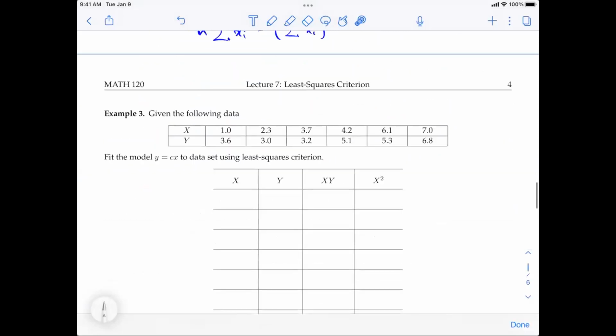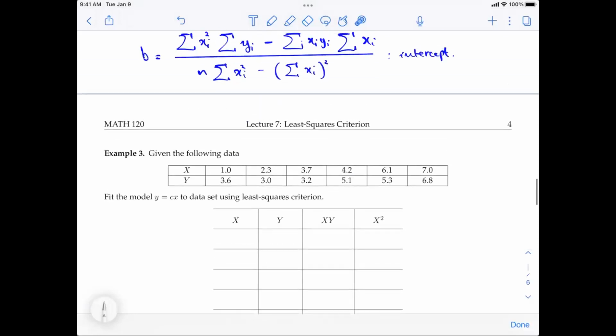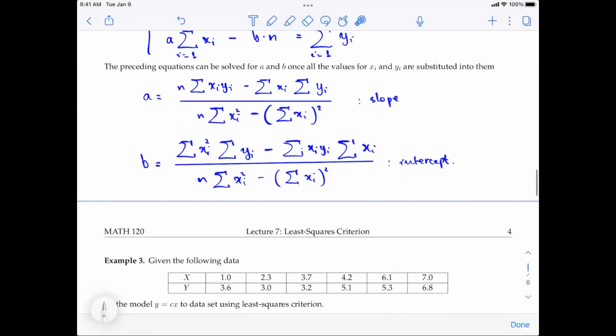Here you have six points, and you want to fit the model of the form y equal to cx to the data set using the least square criterion. And from the least square criterion, you derive the formula for a and b.